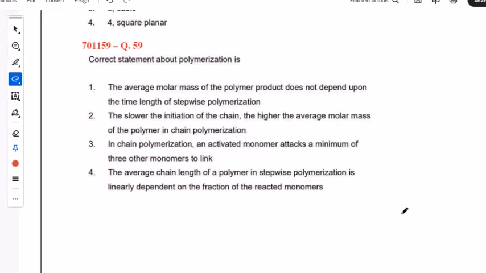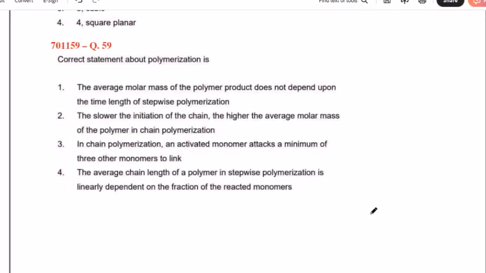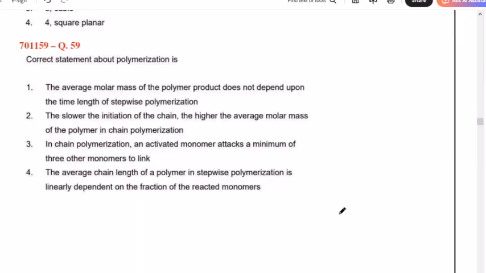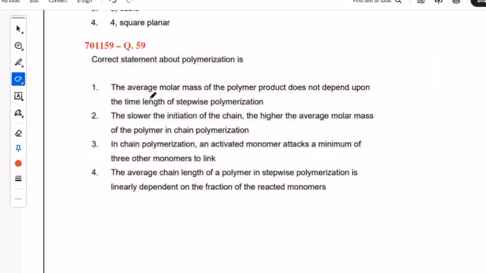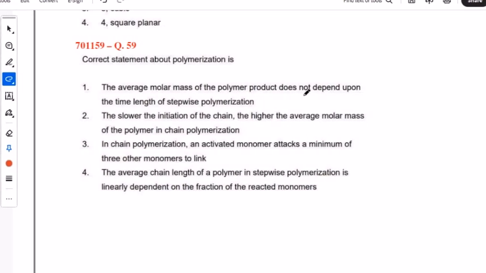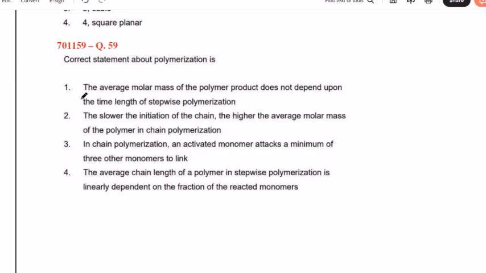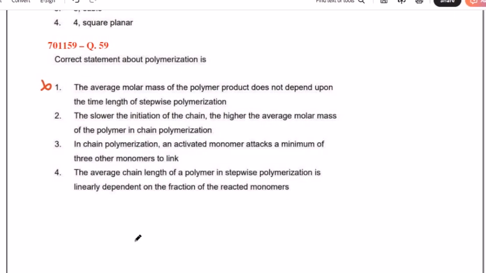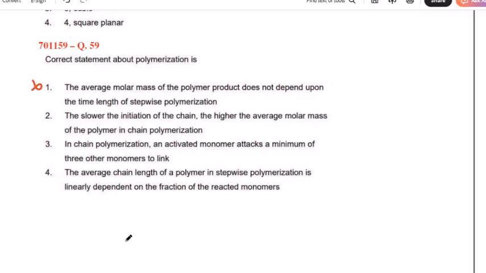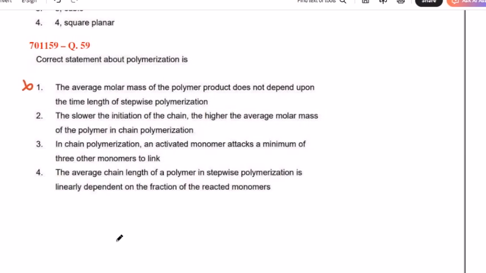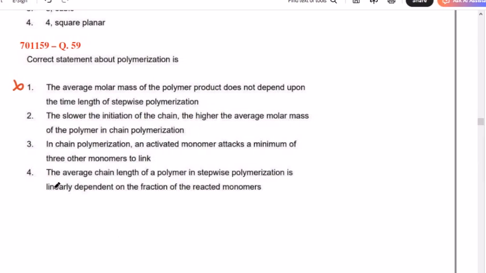Next, question number 59. The correct statement about polymerization is: the average molar mass of the polymer product does not depend upon the time length of stepwise polymerization. No, this is not going to be correct. The slower the initiation of the chain, the higher the average molar mass of the polymer in chain polymerization.